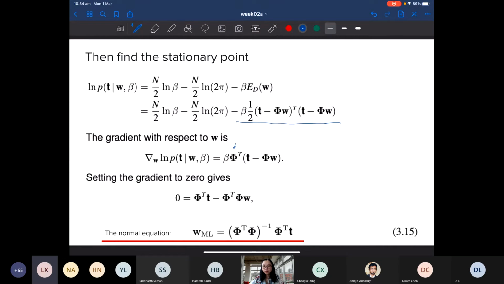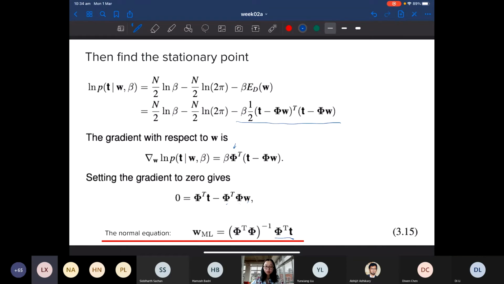We're trying to find stationary points with respect to W, so setting the gradient to 0 and multiplying these out gives us, beta doesn't matter, again, it's a constant, phi transpose T minus phi transpose phi W. Moving phi transpose T to the other side, we can see there is a phi transpose phi in front of W. Then what do we do?